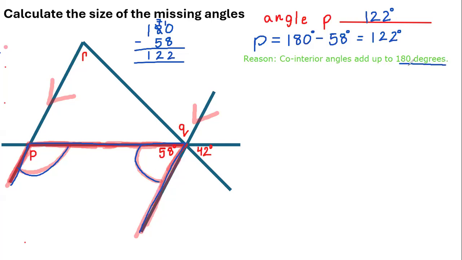Does that make sense? Yes, sir. And so that means we have to subtract what? 180 and what? 58, and that gives us what? 122. So that's what we got, 122 degrees. That makes sense? Yes, sir. So that's the answer, 122 degrees.